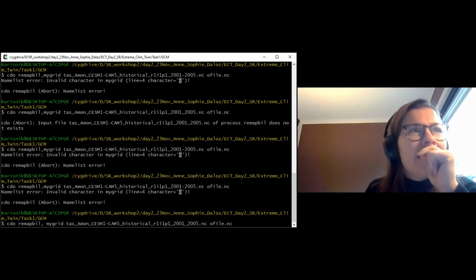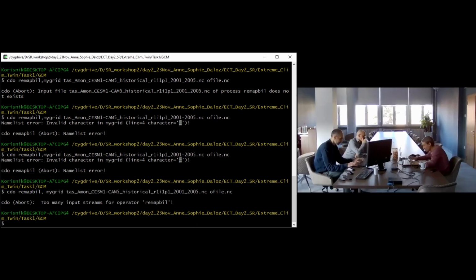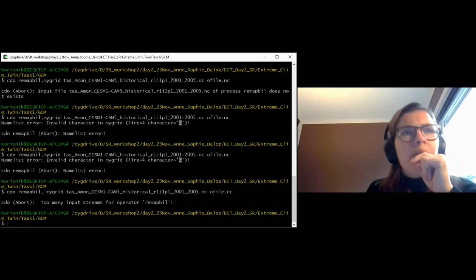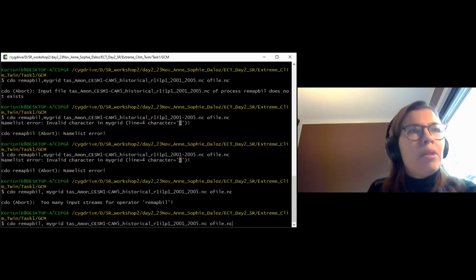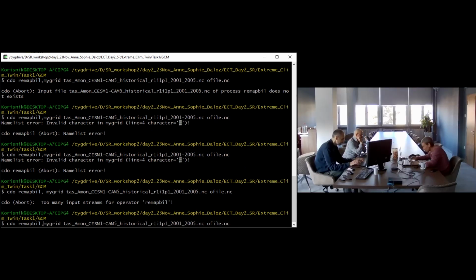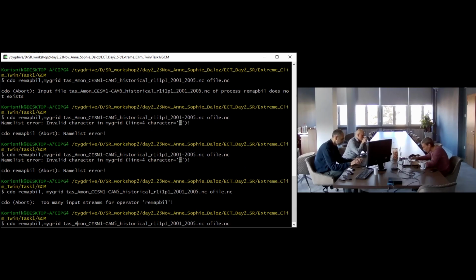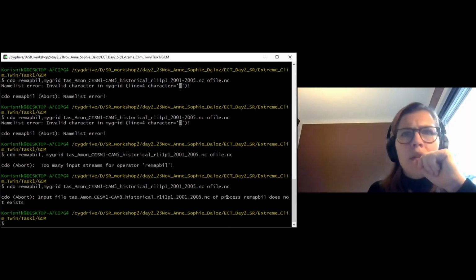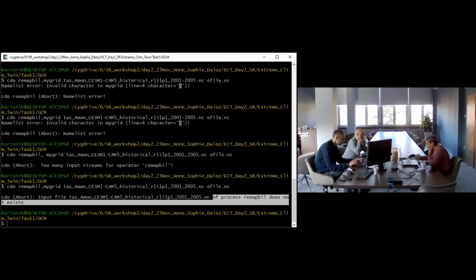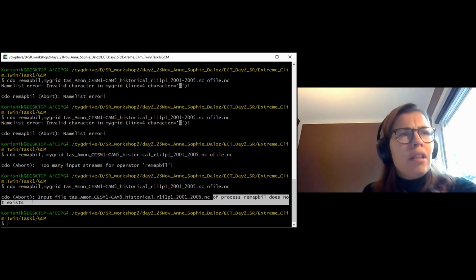Too many input streams. Oh, remapbil, no, you have a space between remapbil and mygrid. That's the first thing, because that's why it sees input, output. Okay, this is the input file and the output file. So, the error is that process remapbil doesn't exist.